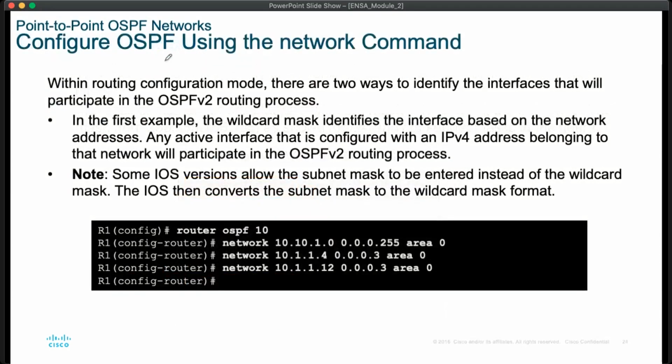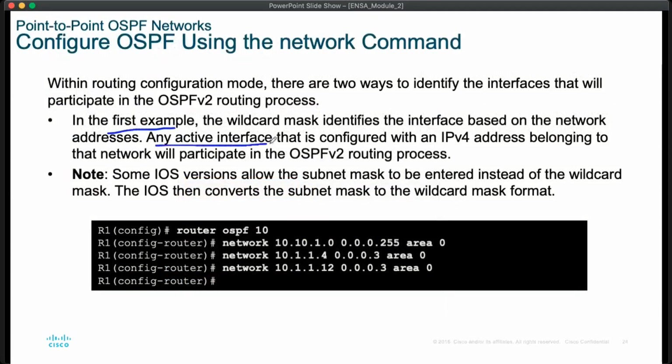Configuring OSPF using the network command. Within routing configuration mode, there are two ways to identify the interfaces that will participate in the OSPF version 2 routing process. In the first example, the wildcard must identify the interface based on the network addresses.